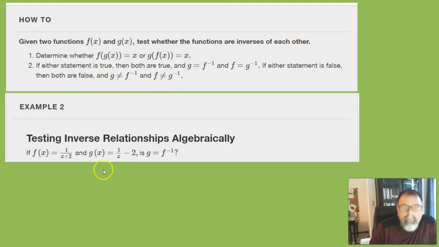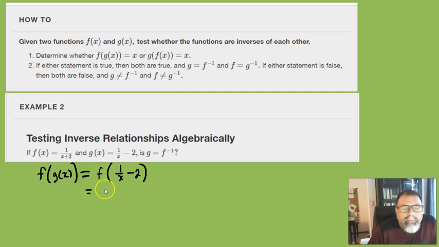So we're going to do the composition of f and g to see that we end up with x. So g of x is 1 over x minus 2, and we're going to take that output for g and plug it in to f.